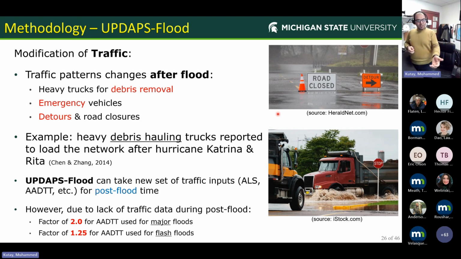You can enter those inputs, but because of the lack of data during and post-flood, for now we are just using a factor of 2 for ADT in major floods like hurricanes, and a 25% increase for flash floods. This compensates for the effect of heavy debris-removal trucks, detours, and the high loads applied to the pavements during the post-flood time.